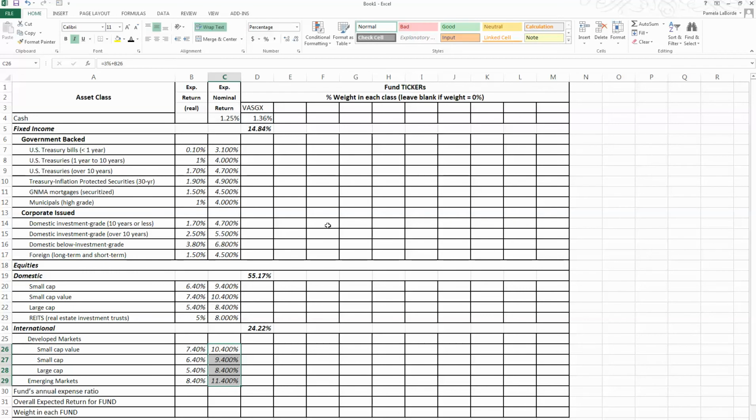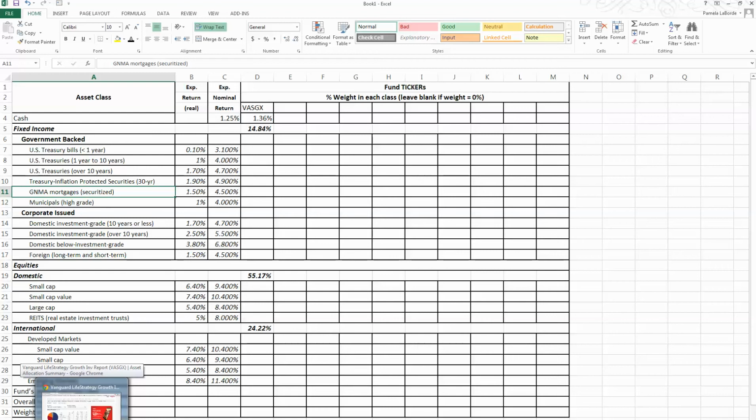And here's where guesswork comes into play, because they don't specifically say we own this many short-term T-bills, we own this many intermediate term treasuries, we own this many securitized Ginnie Mae mortgages. So I have to just take the information that's available on Morningstar and try to classify the fund's asset classes.